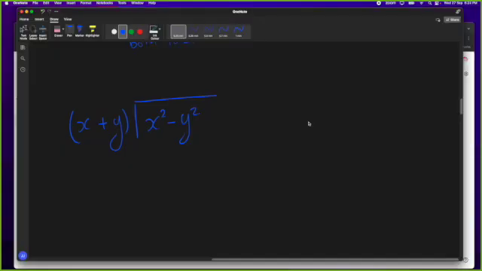Did you get through with it? First of all, is it a factor? Did you get a remainder of 0? Yes. All right. So if it is a factor and you got a remainder of 0, what did you get as the other factor on top here?